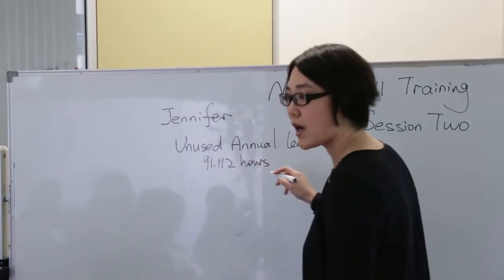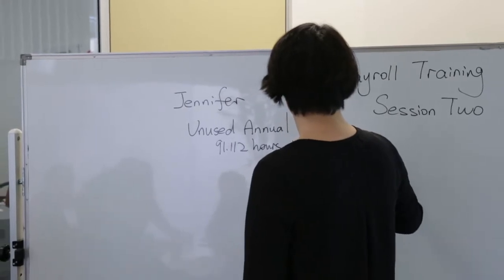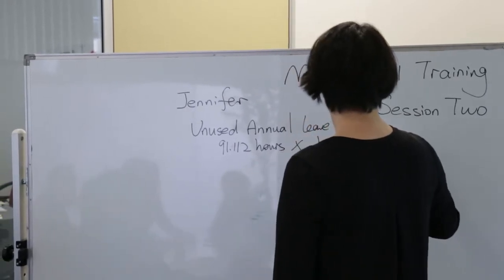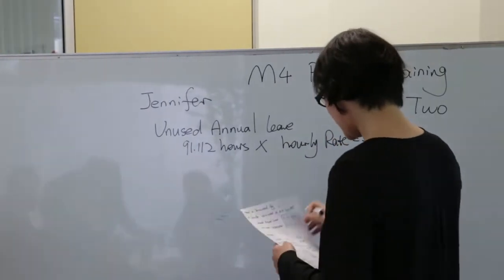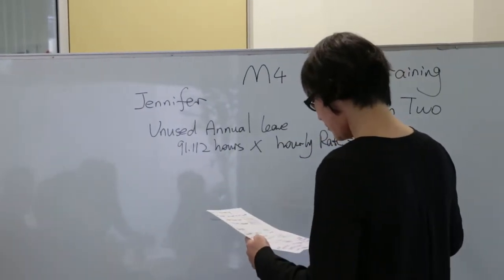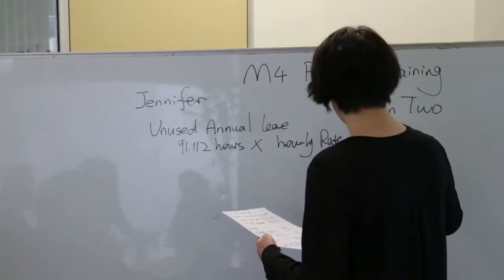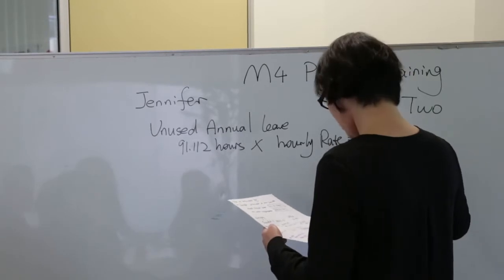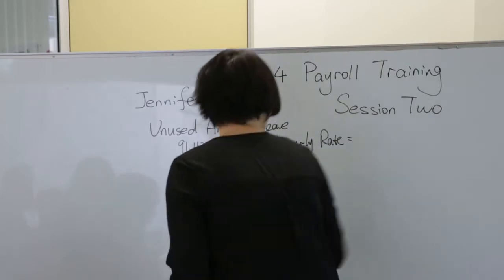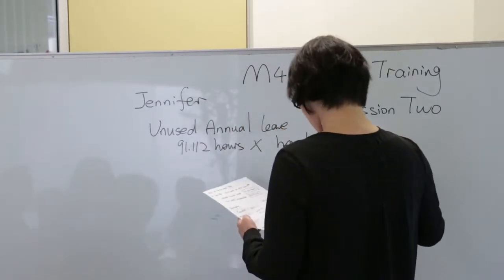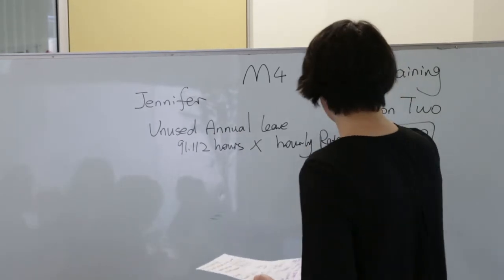So it's 91 hours annual leave, and then multiply hourly rate and equal the total we need to pay her. So the total number is the total we need to pay her.